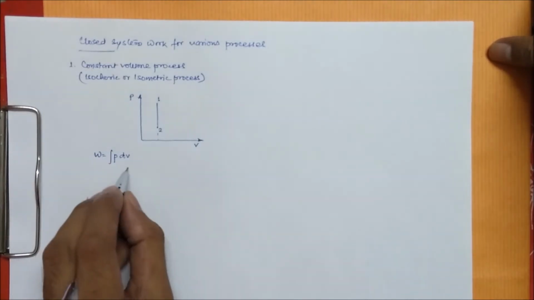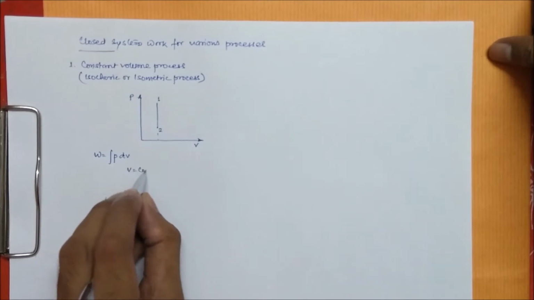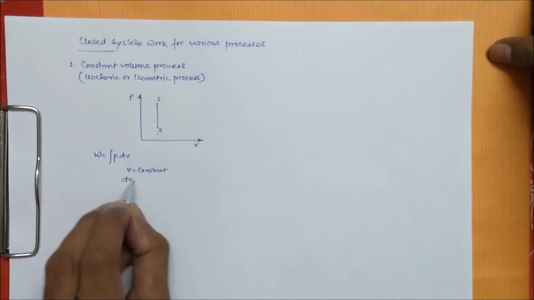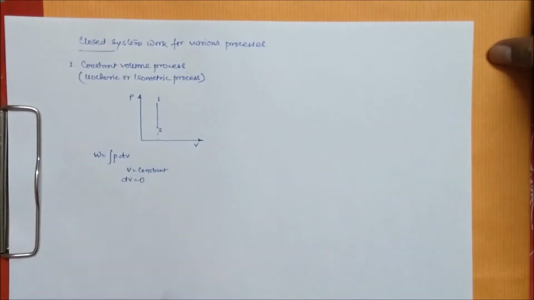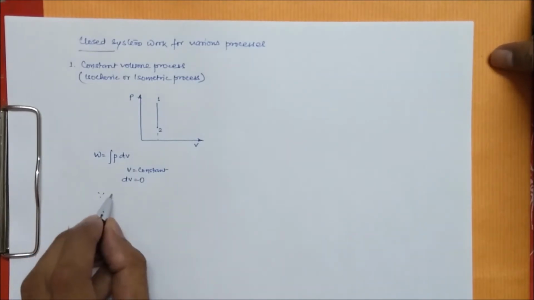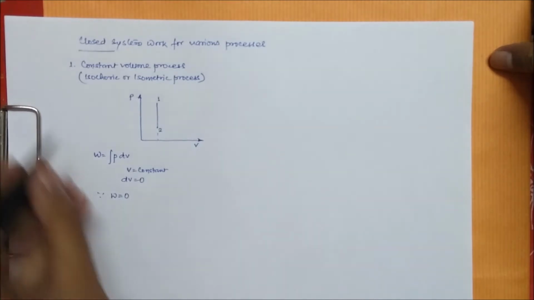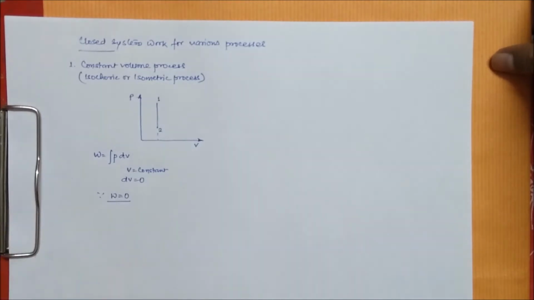As volume is constant, dV is 0. Therefore, work is 0 for a constant volume process.